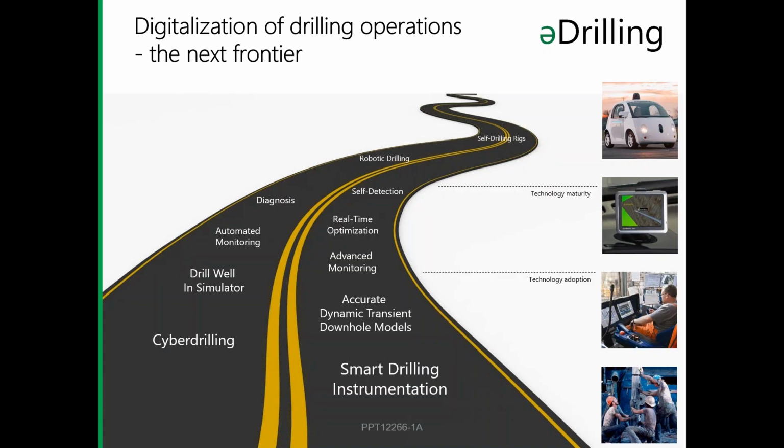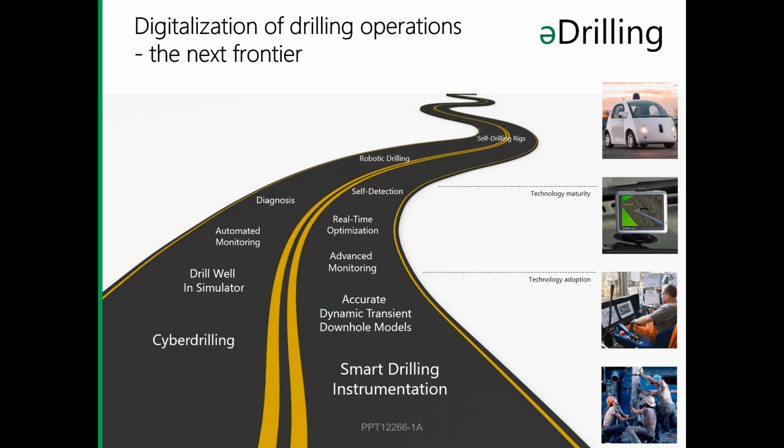Before we start talking about the digital twin, I would like to show you this roadmap where you can see the development of the technology, where it started, where we are at the moment, and what our goal is for the future. As you can see, we went from smart drilling instrumentation and cyber drilling in the early 90s, moving away from the drill floor into a safer environment. We then developed a dynamic mathematical and physical model and a drill well simulator where you can train and drill a well on a simulator prior to the operation.